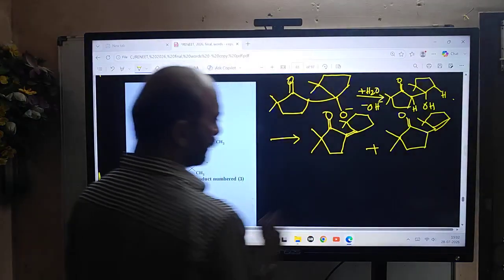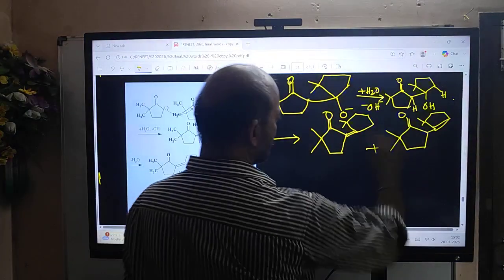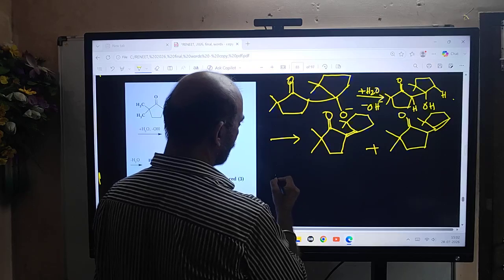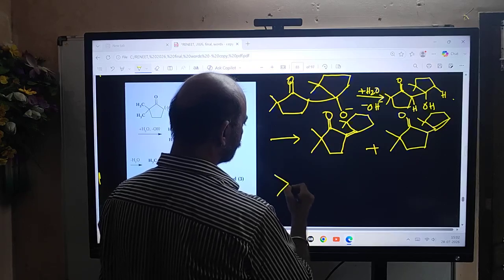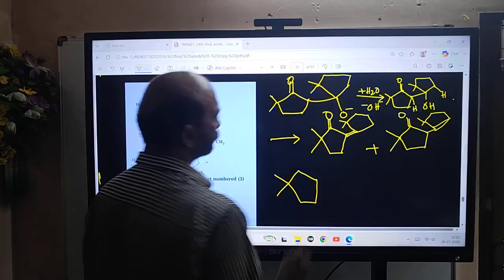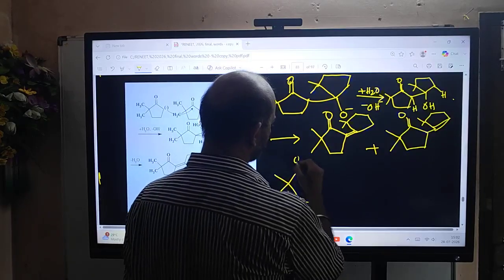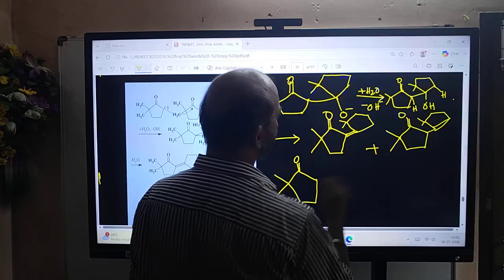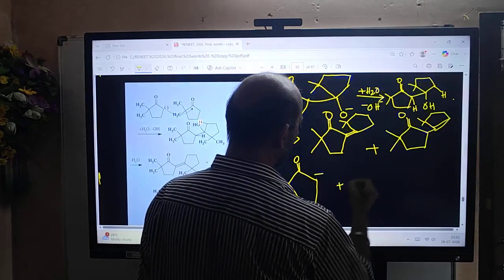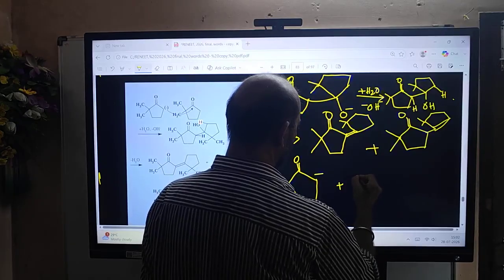Okay. So these are the 2 products possible. Then what are the other 2? Look here. It can attack the CHO group of the benzene ring, no?